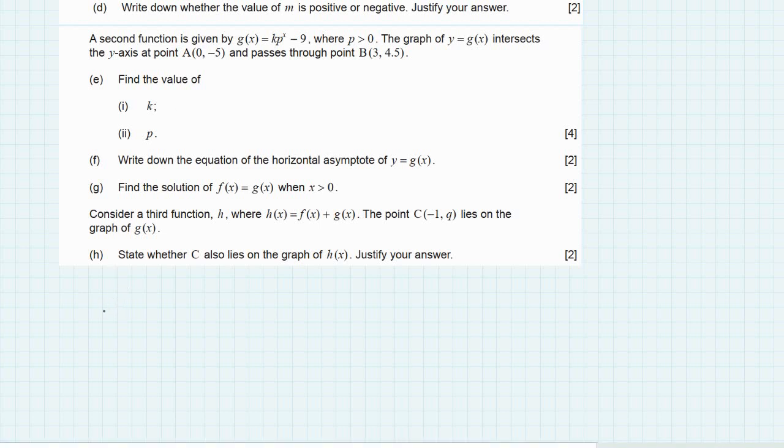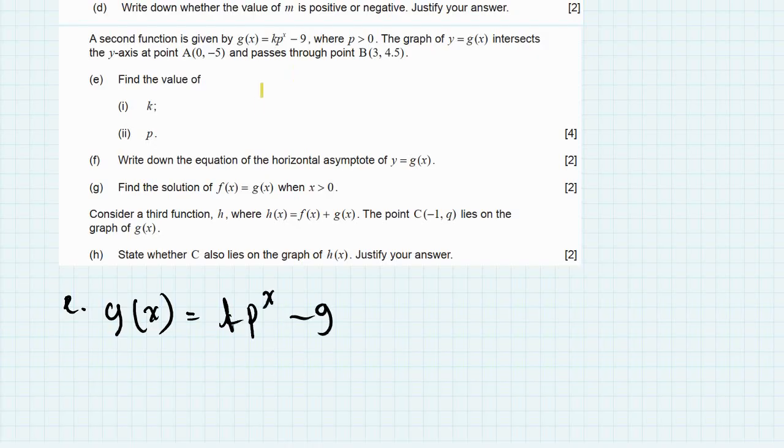So we know that the function g(x), sorry, this is question E, g(x) is equal to k p to the power of x minus 9. We will use this first point A. When g(x) is negative 5, x is 0. Let's input that. So negative 5 equals k times p to the power of 0 minus 9.